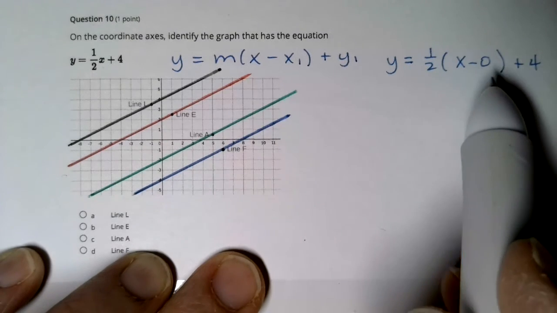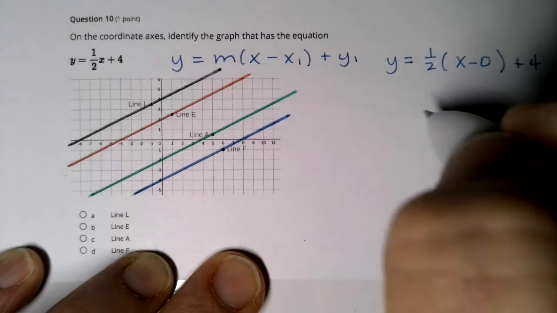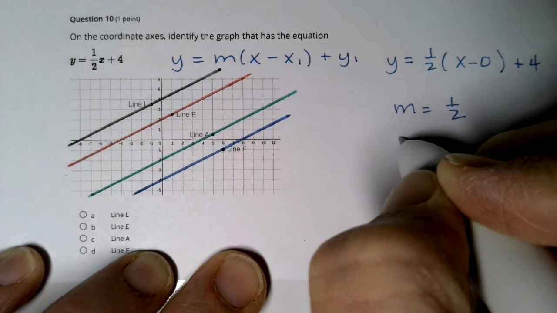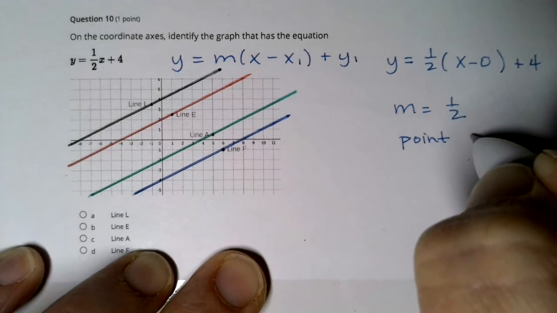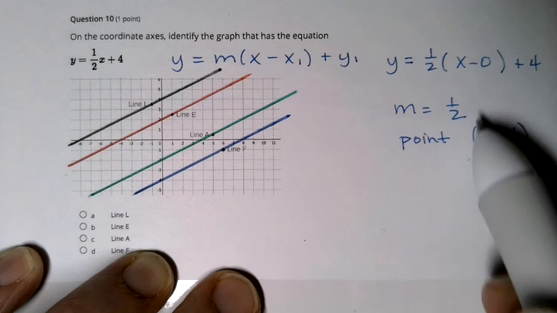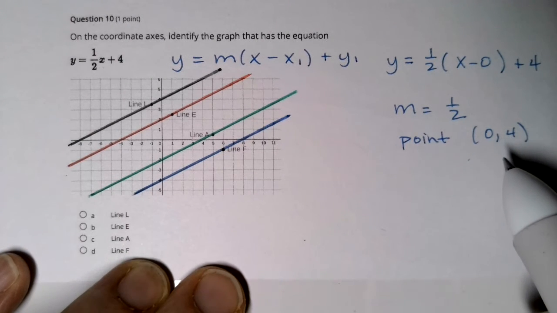It doesn't change its value. That just can help you use point slope form to do this, which tells me that my slope is 1/2 and my point is 0, 4. The opposite of 0 is still just 0. There's no opposite of 0.